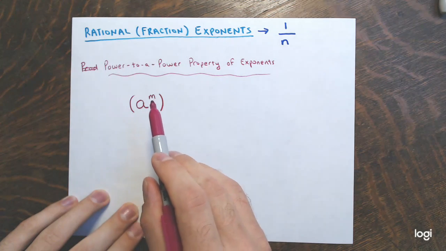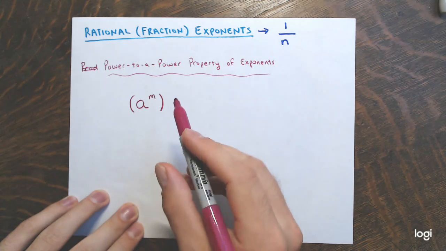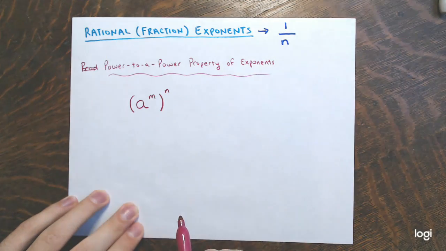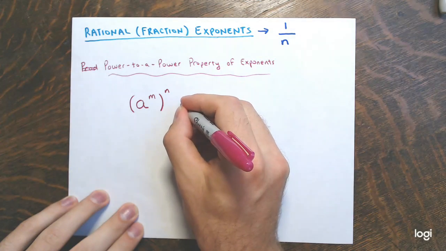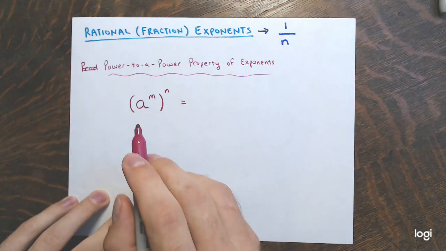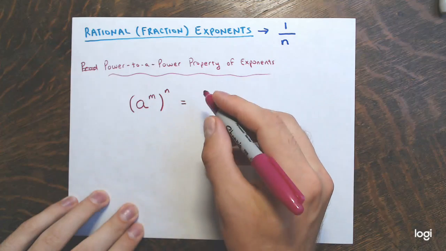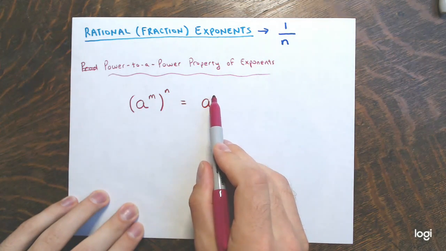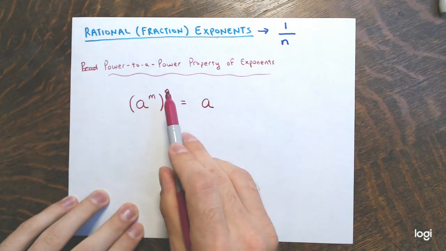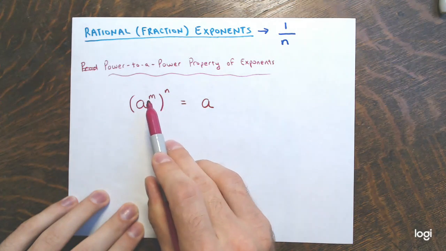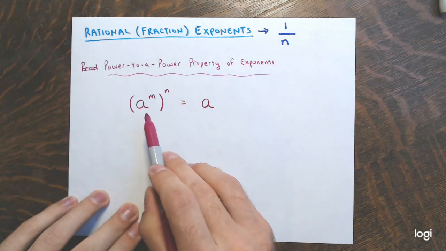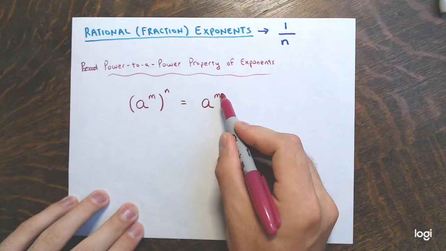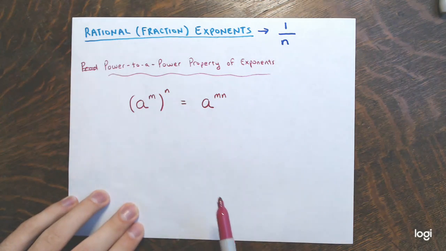And if I take this expression here, a to the mth power, and raise it to another power, say to the nth power, what that's equivalent to is you can keep the original base, so base a, and the new exponent is going to be simply the product of these two. So a to the m, and then that to the n is equivalent to a to the m times n, or a to the mn power.